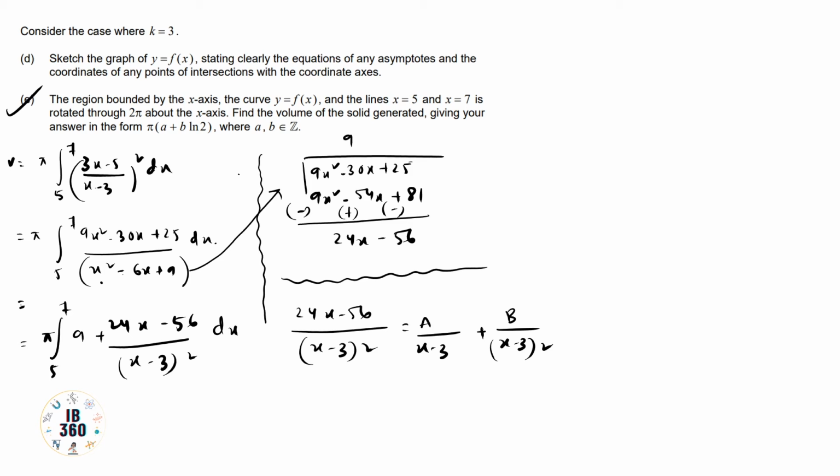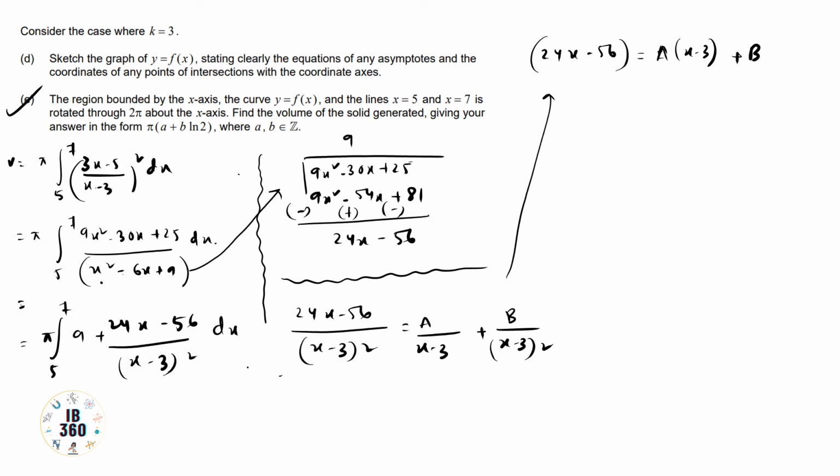I am just trying to find the partial fractions. So we can write 24x minus 56 equals a times (x minus 3) plus b, just a normal equation.